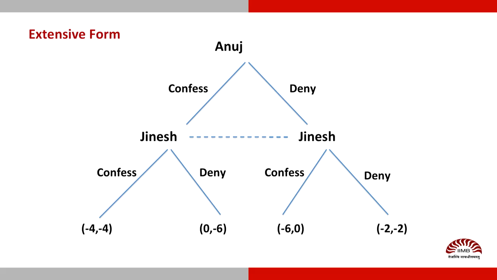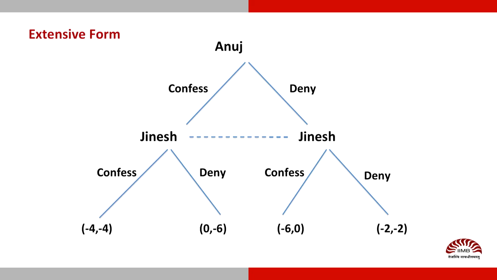Now, the extensive form is written in the form of a game tree. It is a very strange form of tree. It starts from the top and grows downwards. Now, Anuj has two choices, to confess or to deny. And then we have put Jinesh further down, and Jinesh also has two choices, either to confess or to deny.